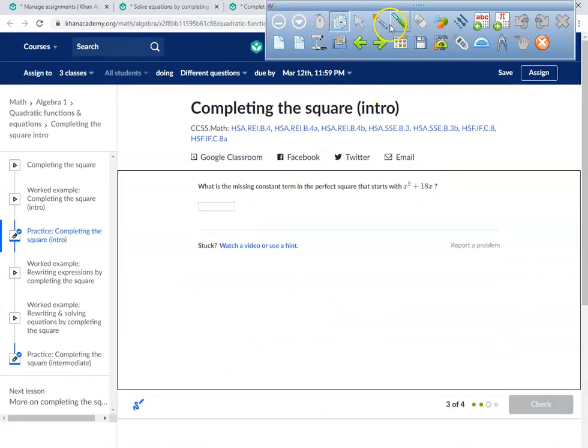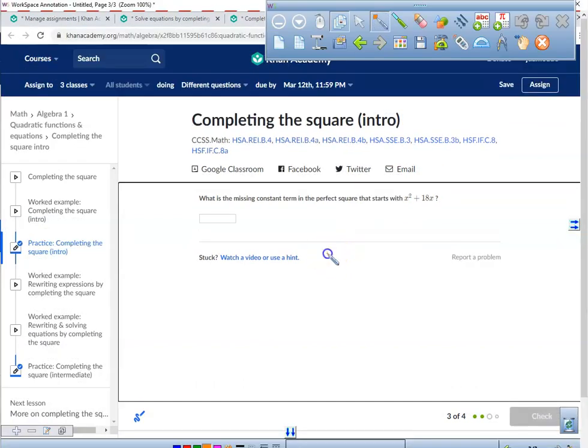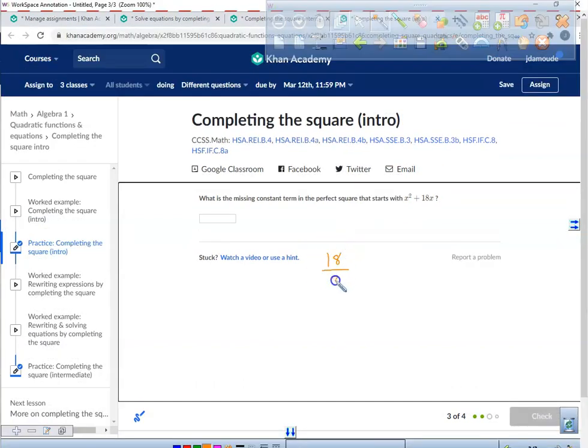What's half of 18? Half of 18 is 9. So I'll just kind of do the work here. Ready? So I take 18, I take half of it, and then I square it. Half of that is 9. 9 squared is 81. So this constant's going to be the number 81. Well, why does it need to be 81?